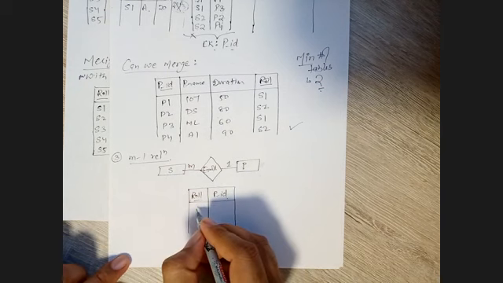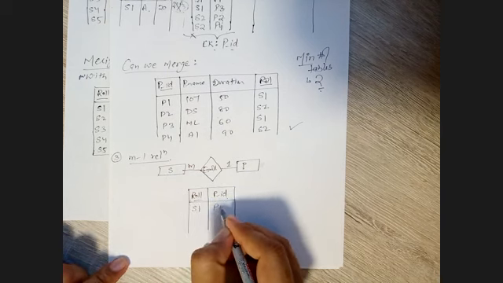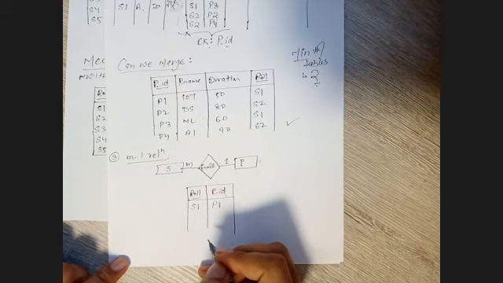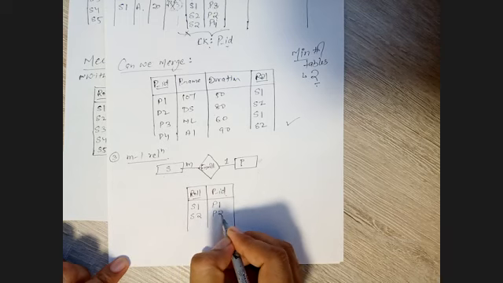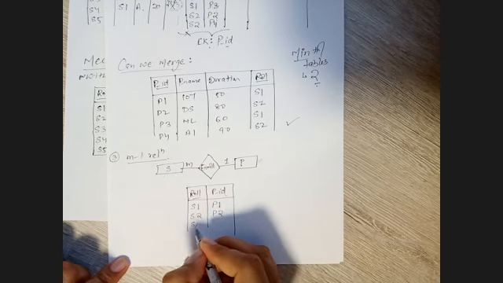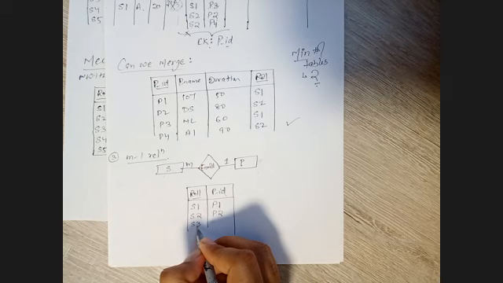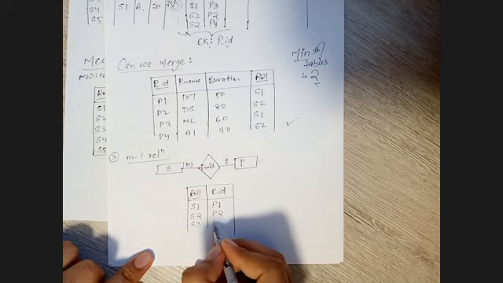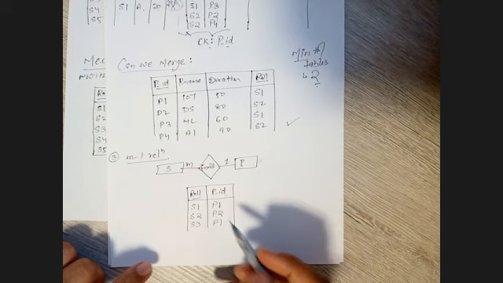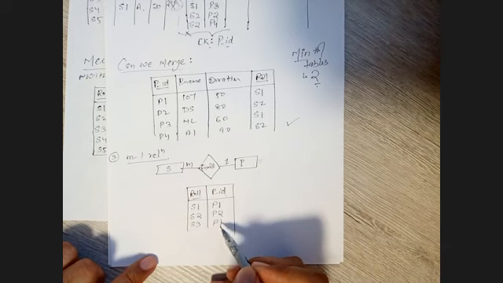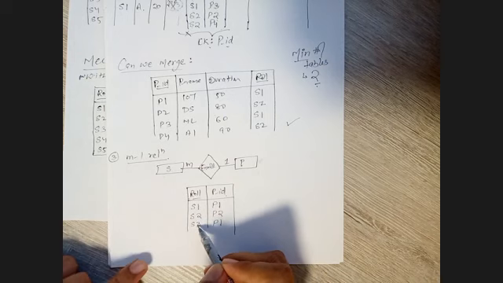Understand it like this. Let's say we have roll number S1, which is enrolled in project P1. S2 is enrolled in project P2. But S3 is also enrolled in the P1 project, so the same project has more than one student.